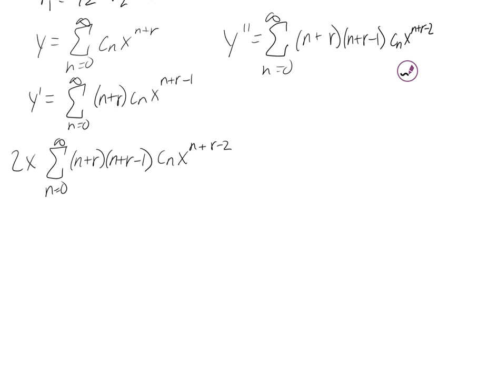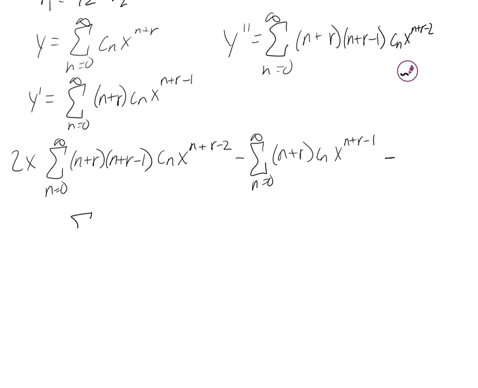And then we're going to subtract y prime, so minus the sum from n equals 0 to infinity of n plus r c sub n x to the n plus r minus 1, minus y, and I'm going to have to write it down a line because it doesn't fit.